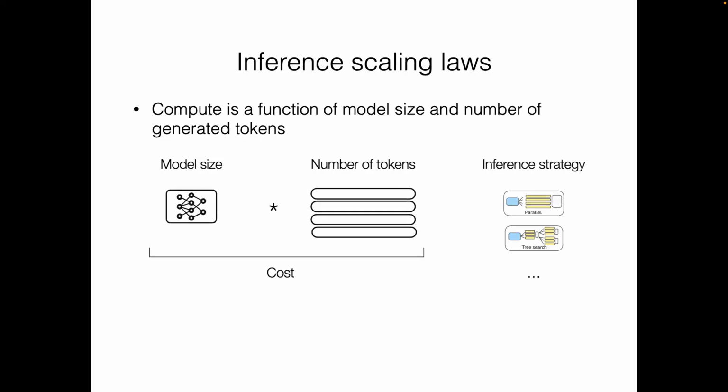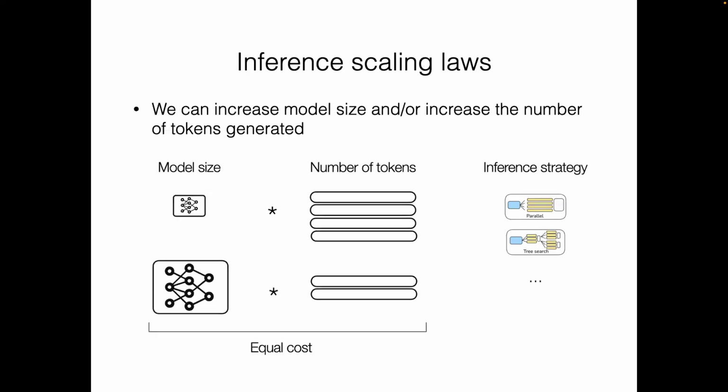That's the basic thing being studied here. We have this idea of an inference cost, which will depend on how large the model is that you're generating from times how many tokens are being generated. And then you can ask what is the optimal configuration given some inference budget and a given strategy.